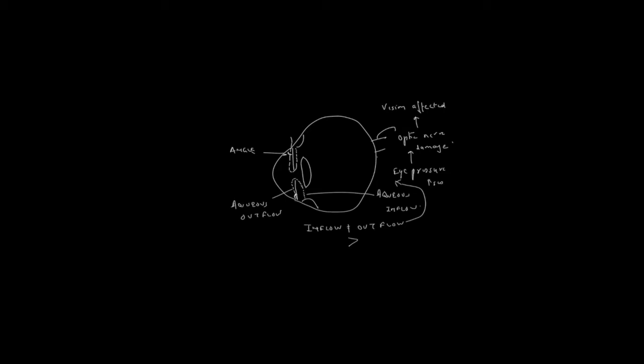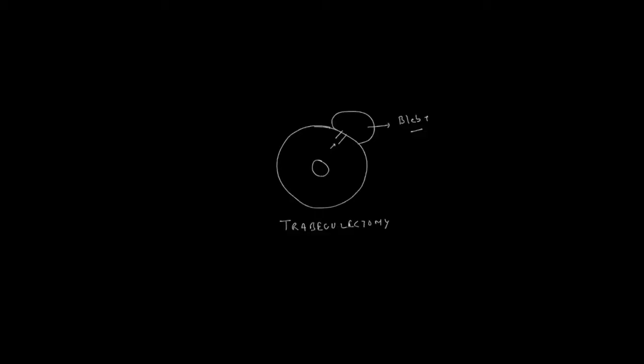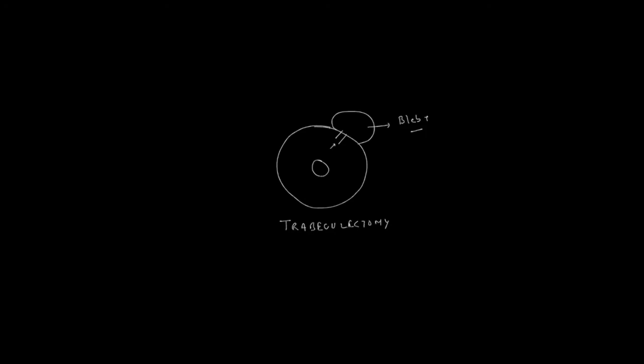So essentially, in glaucoma surgery, what is done is to get this balance back. A channel is created in the eye, and this channel basically helps in improving the aqueous outflow.